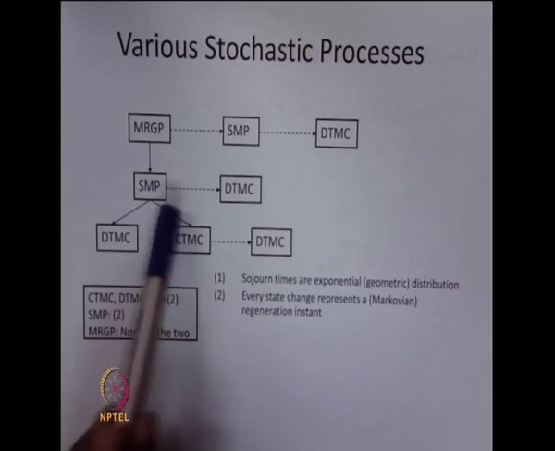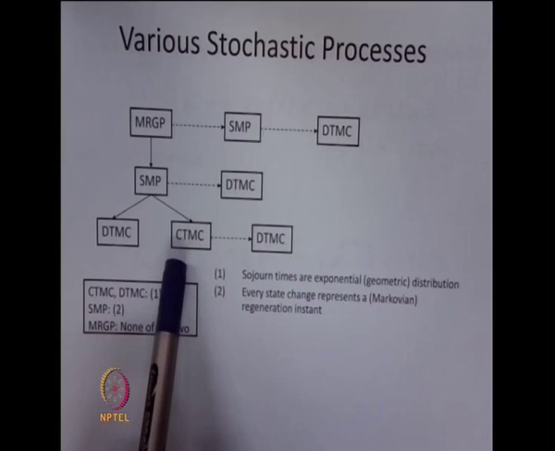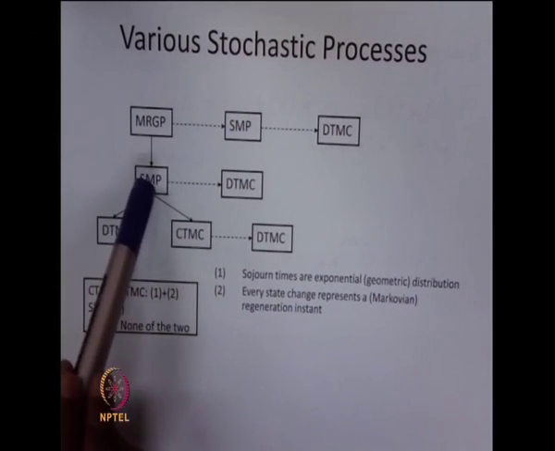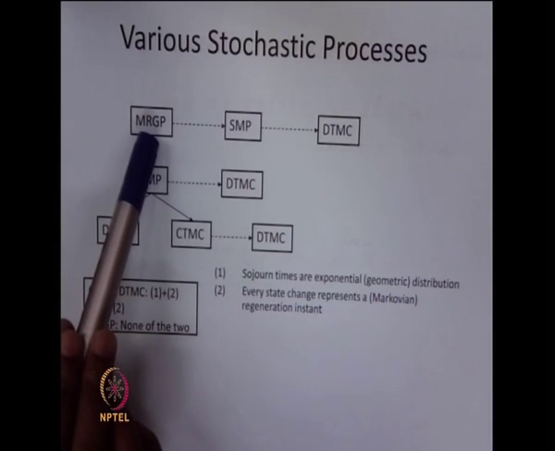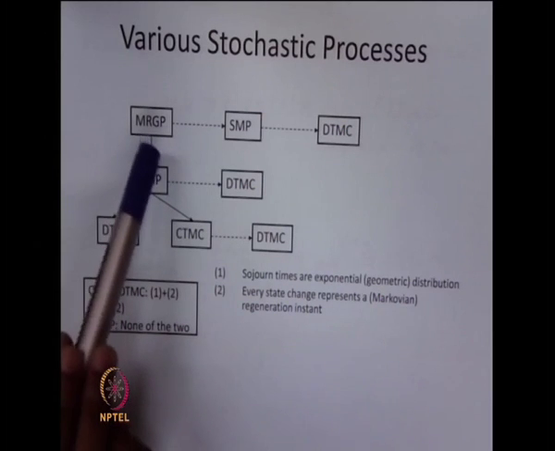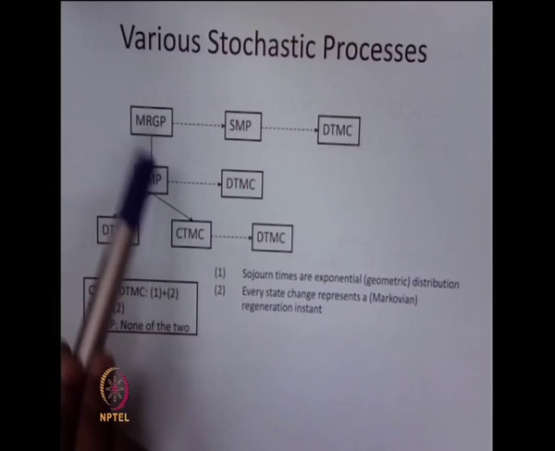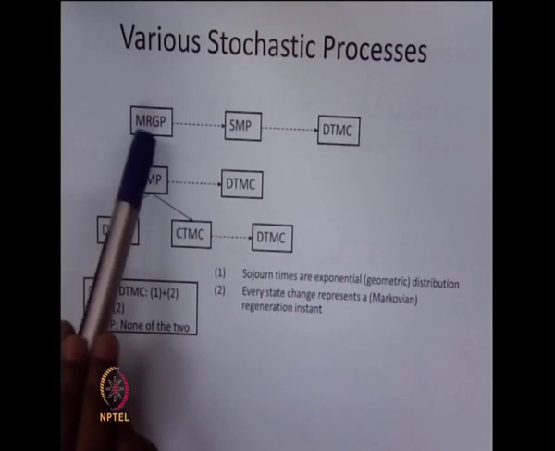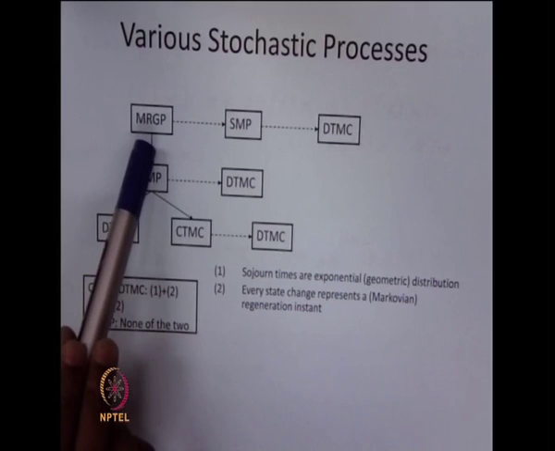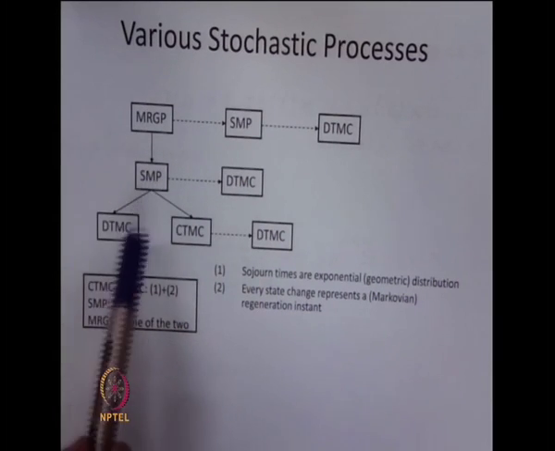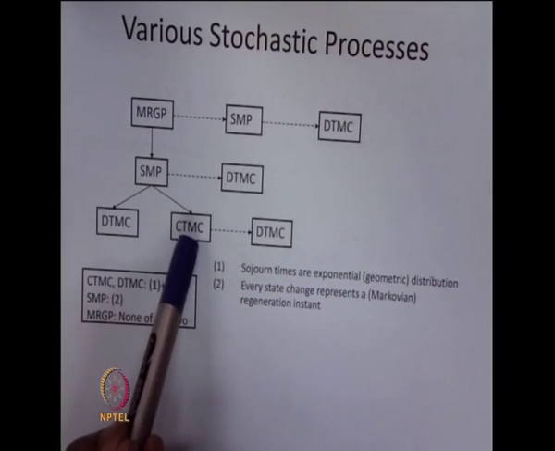By proper assumptions, you can get the DTMC or CTMC. The general case of a semi-Markov process is a Markov regenerative process. If you make some assumptions, then it will be a semi-Markov process. The down arrow means that if you make additional assumptions in the Markov regenerative process, then you will get the semi-Markov process. If you make additional assumptions in the semi-Markov process, then you will get a DTMC or CTMC.